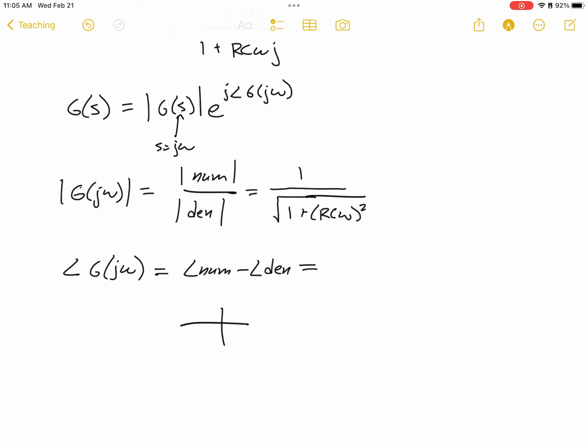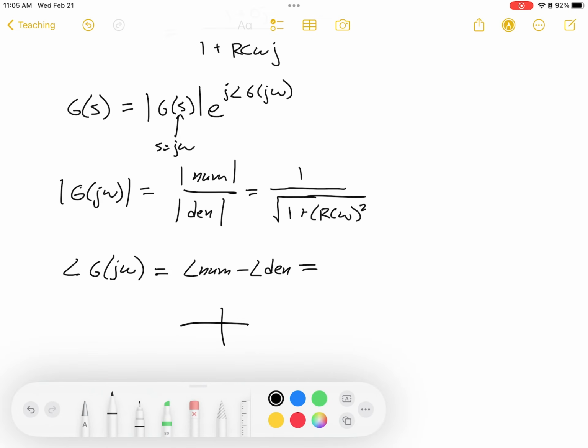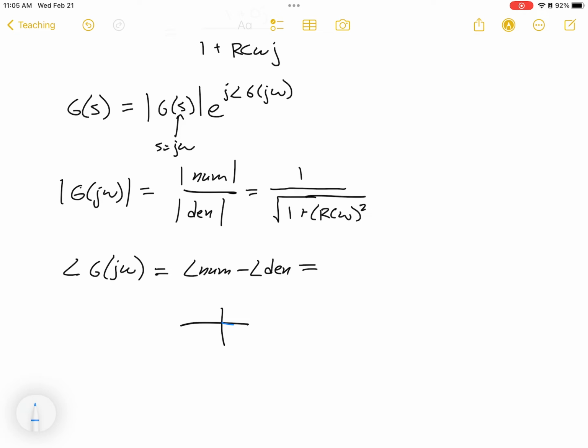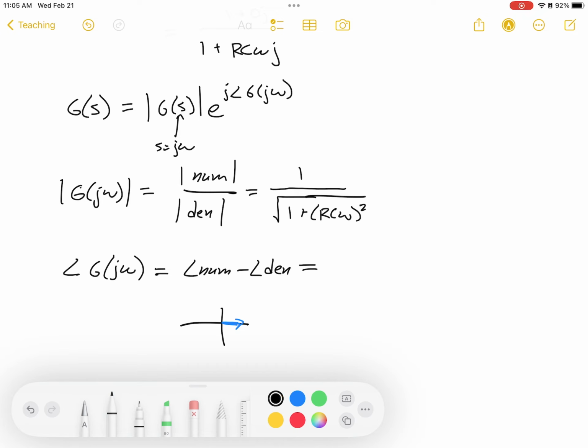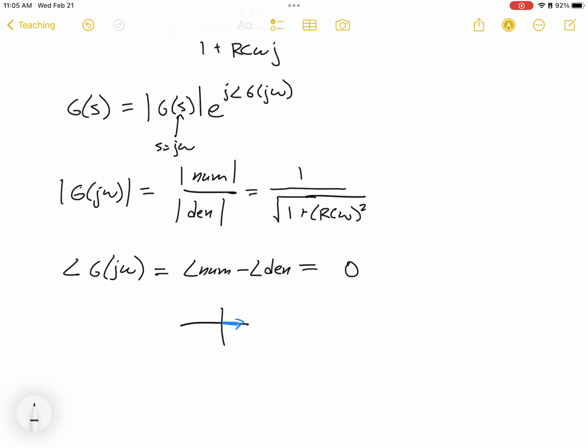The numerator is just the real number 1 right there. So the phase is 0. There is no angle, there's no difference between that vector and the real axis. So the phase of the numerator is 0. And the phase of the denominator is atan2 of the imaginary part, RC omega, and the real part, which is 1.